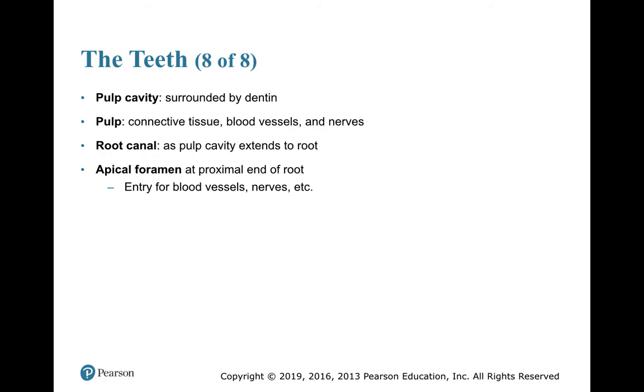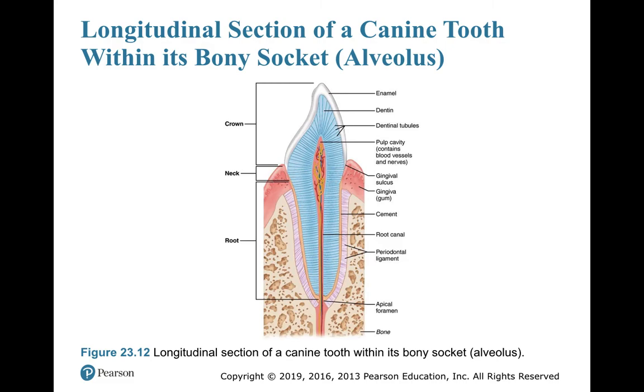It is also the name of a dental procedure that is done to kill that pulp when it becomes infected. The apical foramen is at the proximal end of the root, and that is the entry point for blood vessels, nerves, etc. So here is our pulp cavity, root canal, and the apical foramen.